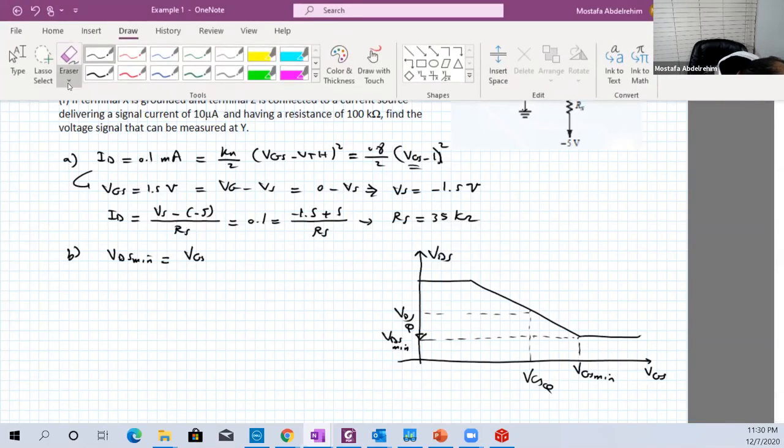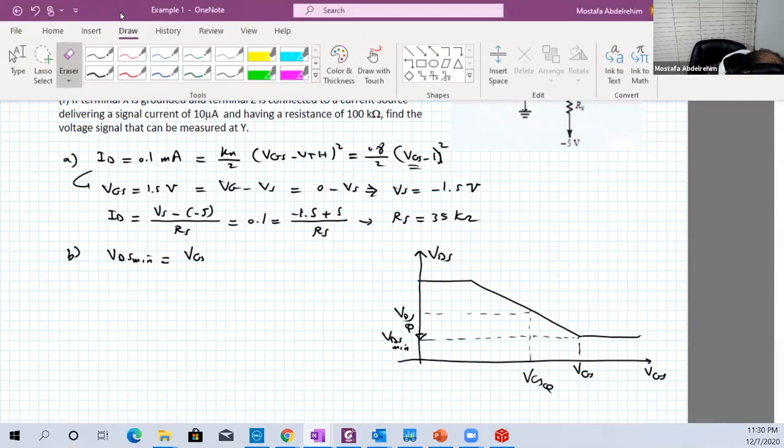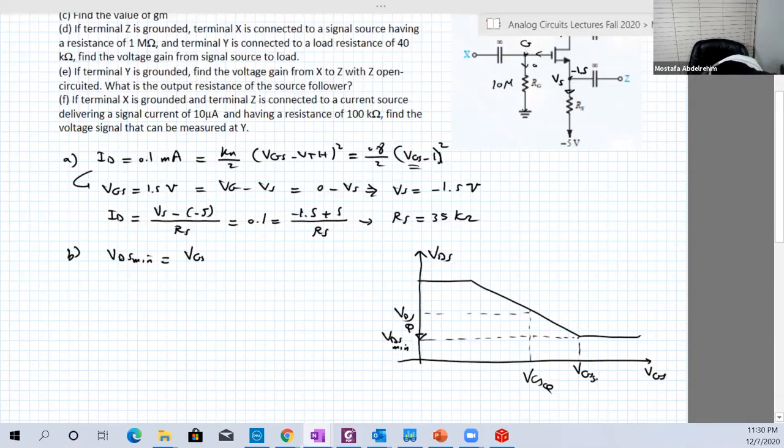It's actually VGS maximum. Let's call it VGS set, because at that point, if the input increases, we're going to go to the saturation. And remember, VGS is the independent variable, it is the input, and VDS is the dependent variable Y, which changes based on the change in the input VGS.